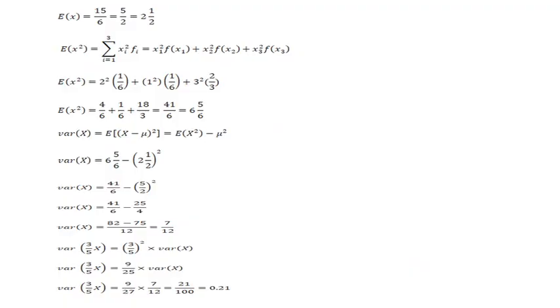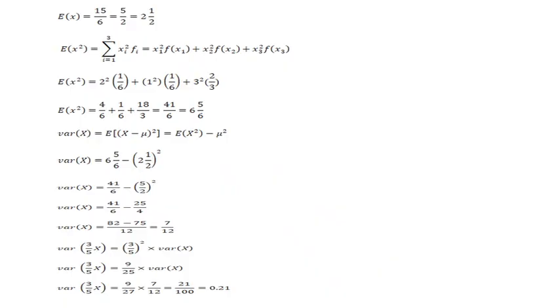Which is equal to 7/12. Then the third question says the variance of 3/5 of x, which equals 3/5 squared times the variance of x. We've estimated our variance of x to be 7/12. So the variance of 3/5 of x equals 3/5 squared times the variance of x.